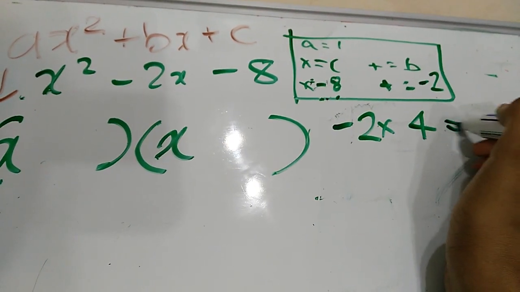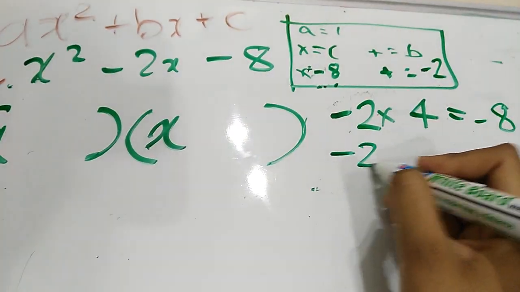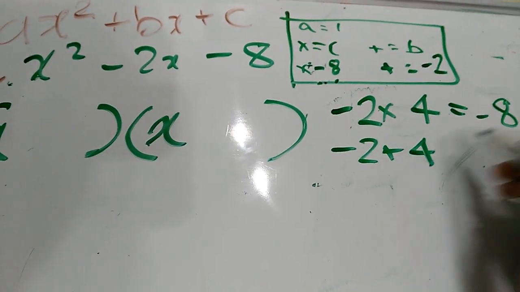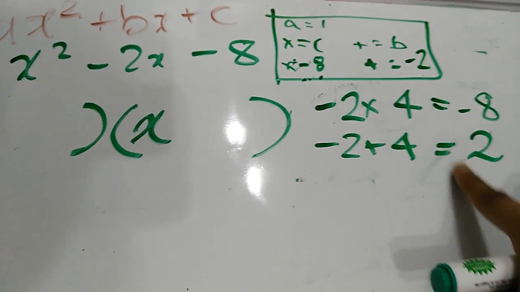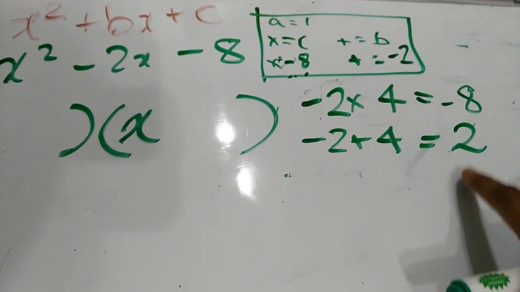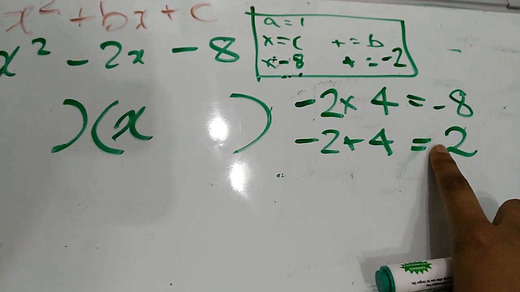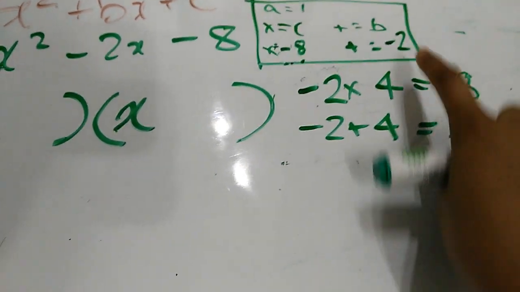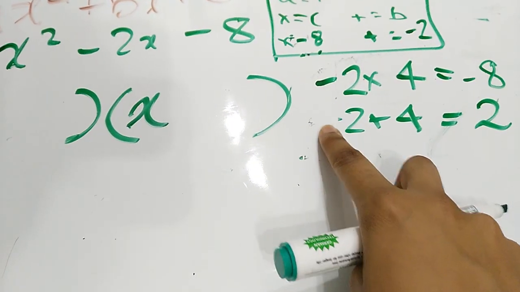Minus 2 times 4 gives me minus 8. And minus 2 plus 4 gives me 2. Well, now here my answer is the same. The value is the same too, but it's got the wrong sign. I've got a positive here. But they're both 2. So what I need to do here is swap the signs over.